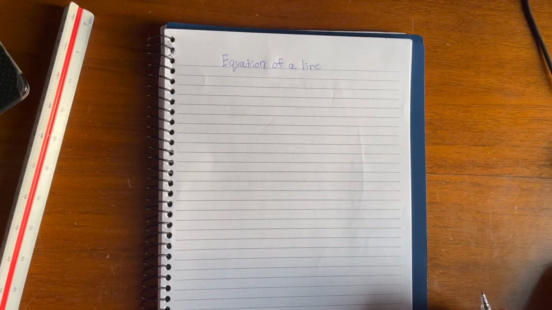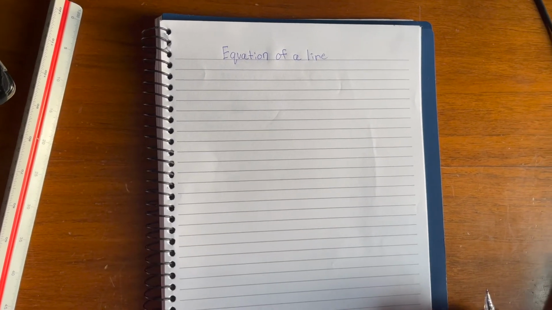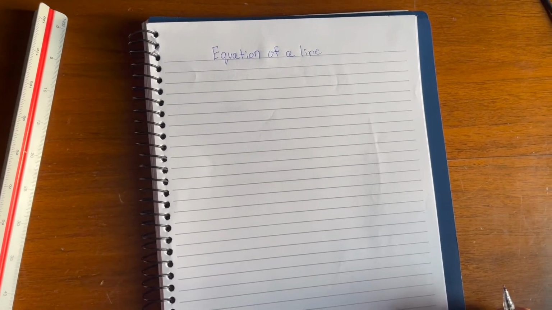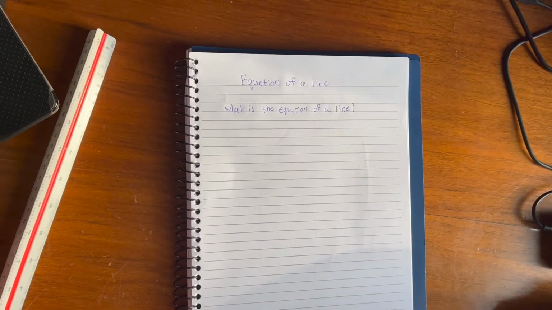Now I will be talking about the equation of a line. The equation of a line is very closely intertwined with plotting points on a Cartesian plane and finding the slope. So let's dive into it. What is the equation of a line?